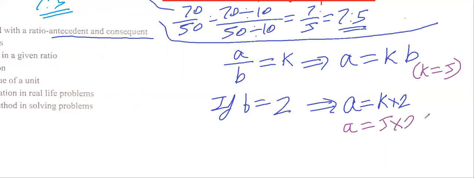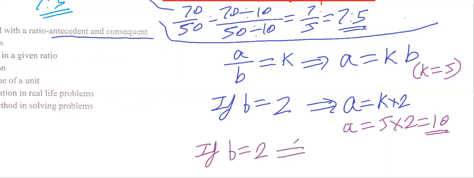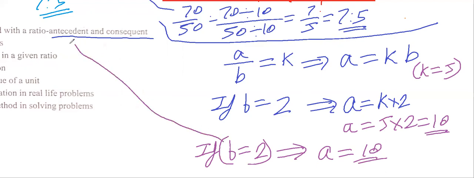It will be 5 into 2, that is 10. So what does that mean? It says that if the value of B is 2, then the value of A is 10. So this statement is called what?